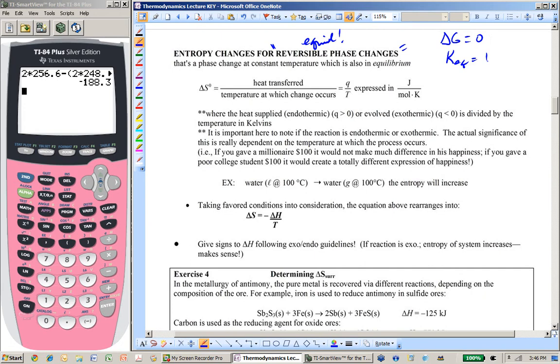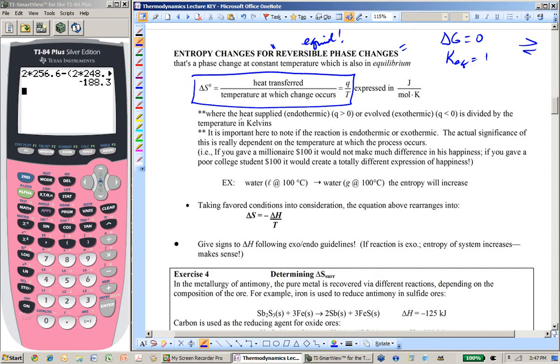So a phase change is always going to have these double arrows if the people typing it typed it right, and I'm going to have to check myself as we go through this. All right, so delta S naught is defined as Q over T, which translates in English to the heat transferred divided by the temperature at which the change occurs. And it's expressed in, as you just saw, joules per mole Kelvin.